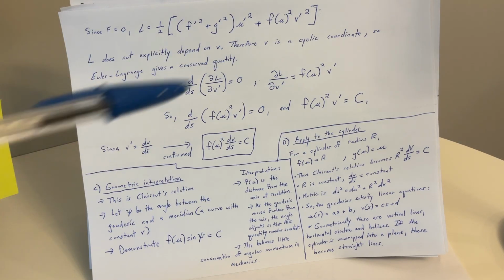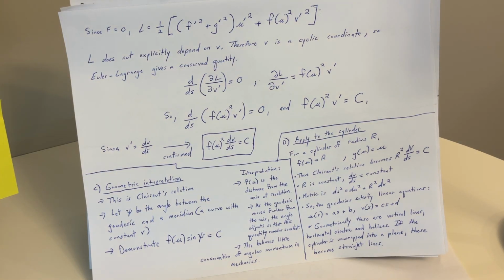So let's just observe what we have here. d/ds of the partial of L with respect to v prime equals 0. And the partial of L with respect to v prime equals f of u squared v prime.